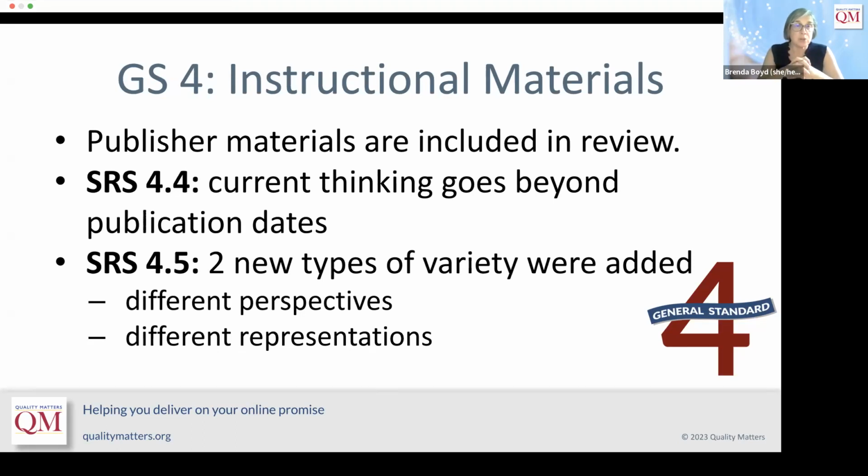That's one way to think about variety. And then the other type of variety is variety of different representations. So using examples that reflect your student audience, using names that reflect their culture, or using images that reflect the students rather than the instructor, like who takes your course.